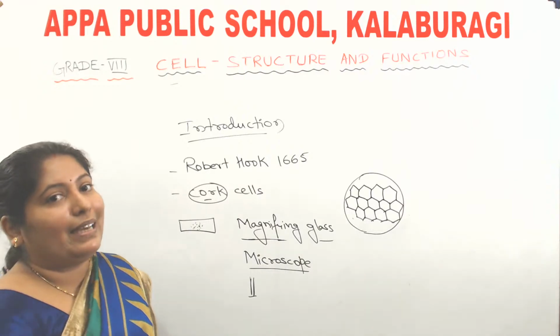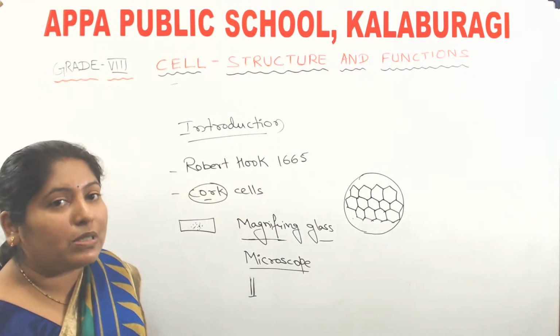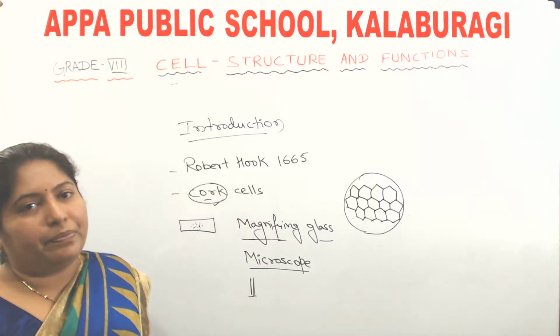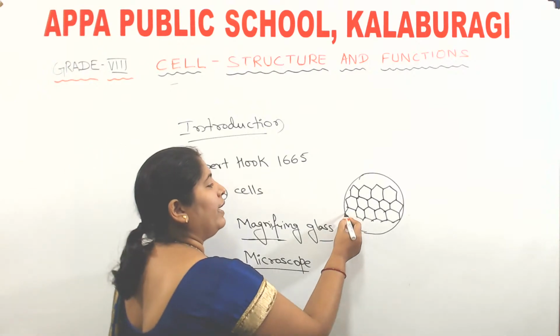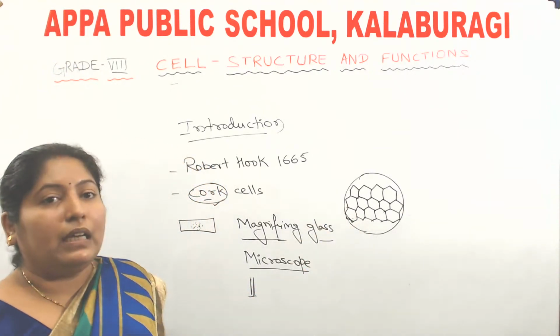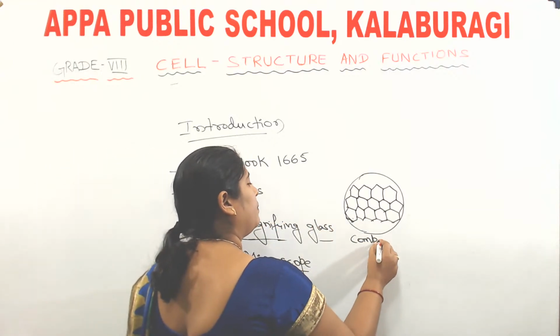But when it grows older and the bark and cork develop outside the stem, those cork cells are non-living, right? Those are non-living cells. But he observed this compartment type of cells, right? And first of all, he named them compartments only.